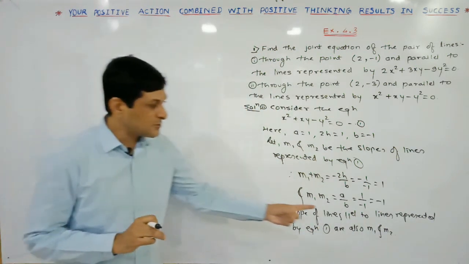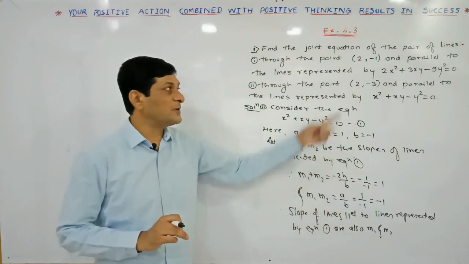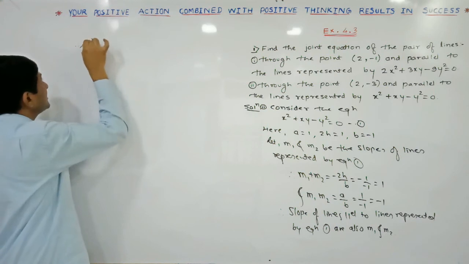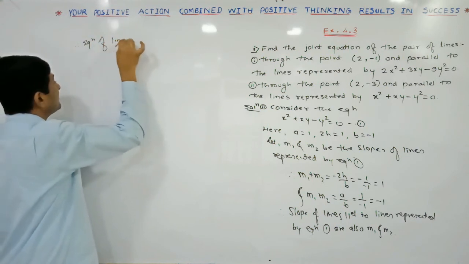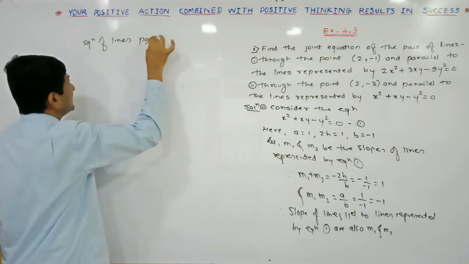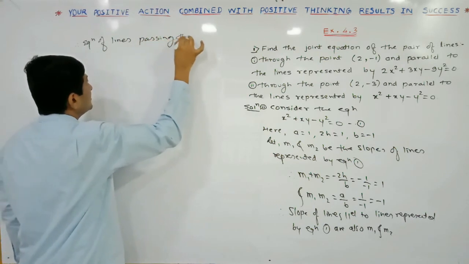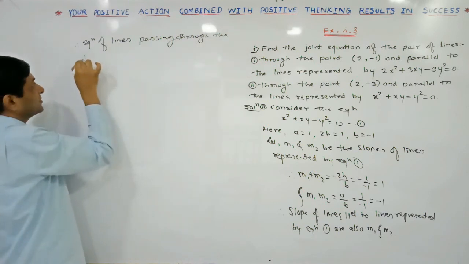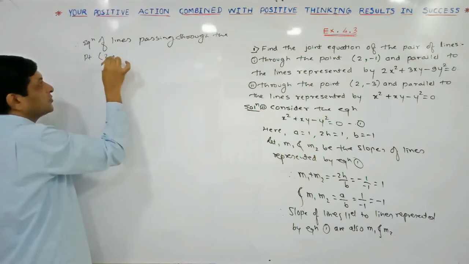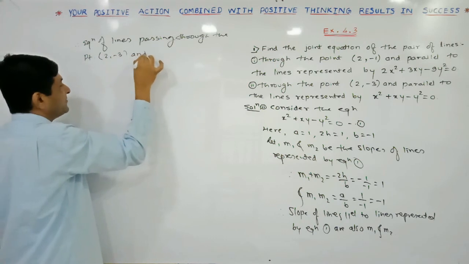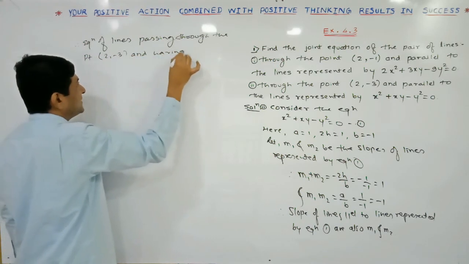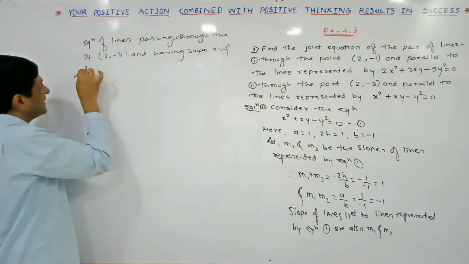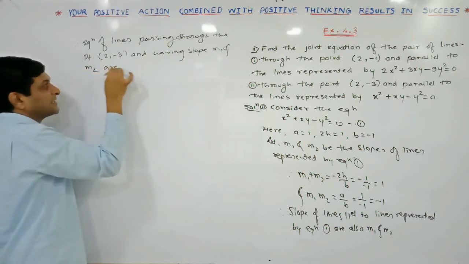Once the slopes of our required lines are known to us, we are able to find out equation of lines applying slope point form, because slope is known to us, point is given to us. So therefore equation of lines passing through the point having coordinate 2, minus 3 and having slope m1 and m2 respectively.